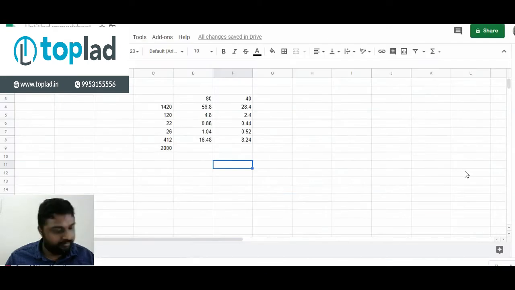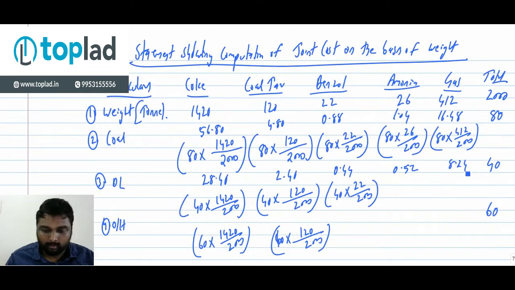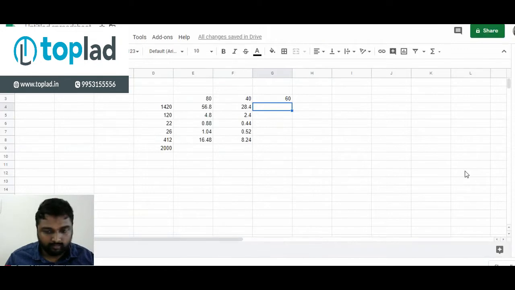Overhead is 60. If you want, I will help you with this. The 60 should not change, so we have to put the dollar symbol, for both column and row.